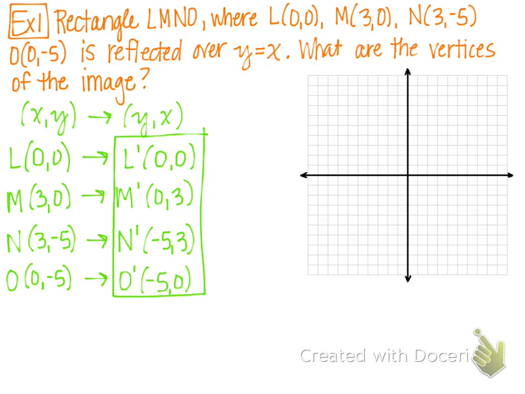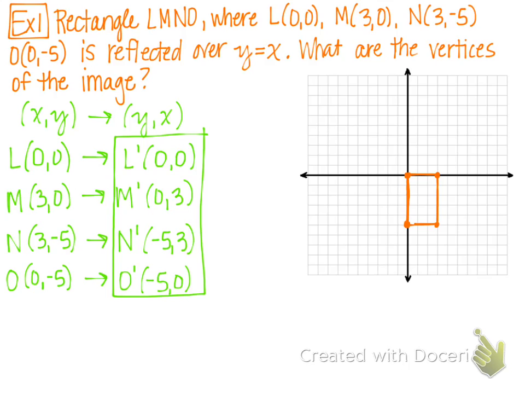So I'm going to do the original one in orange. So we have 0, 0, 3, 0, 3, negative 5, and 0, negative 5. So here is our original. We're going to label our points as well.